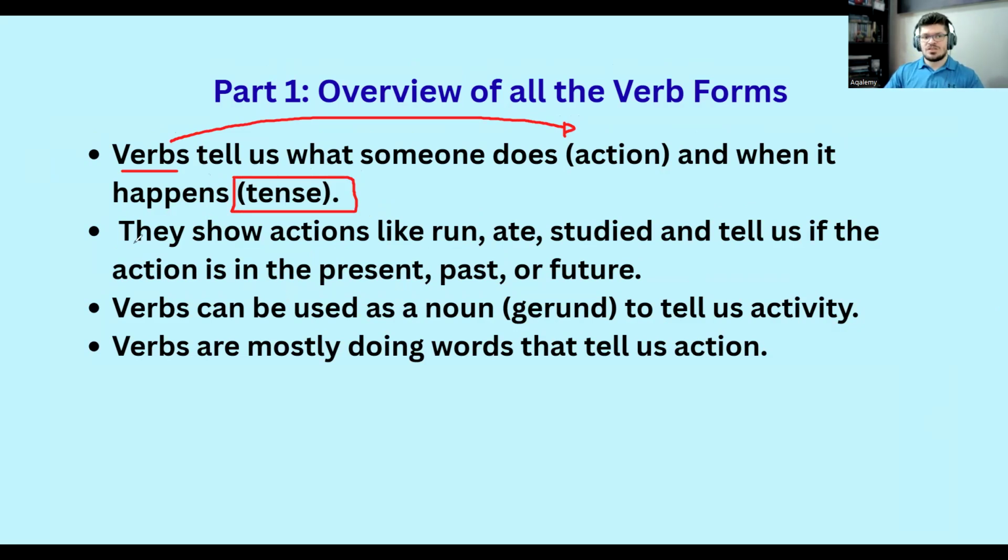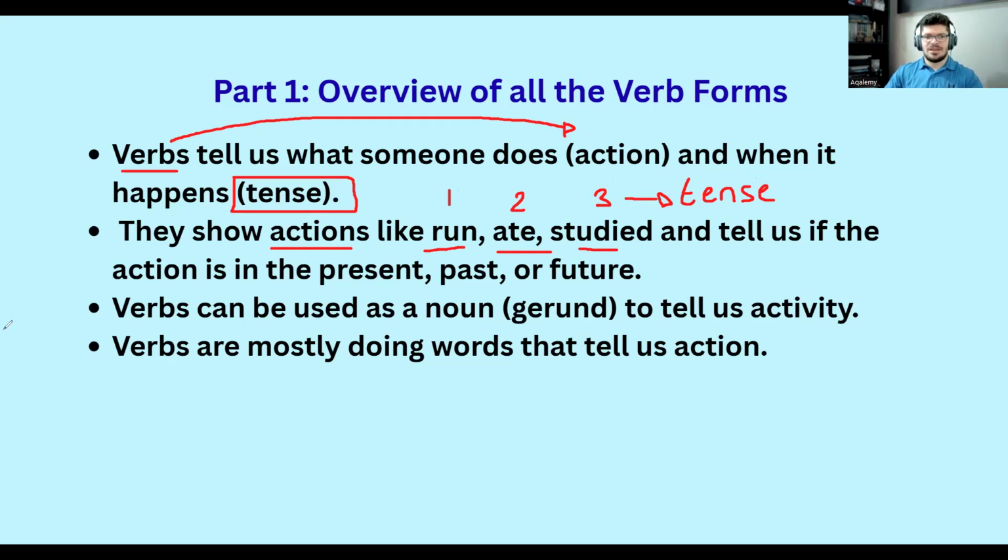So verbs, if we look at another meaning, it shows actions, many actions: run, ate, studied. And these three words will give us information about tense as well. Run, present, ate, past, studied, maybe past tense, maybe past participle, which will give us perfect tense.